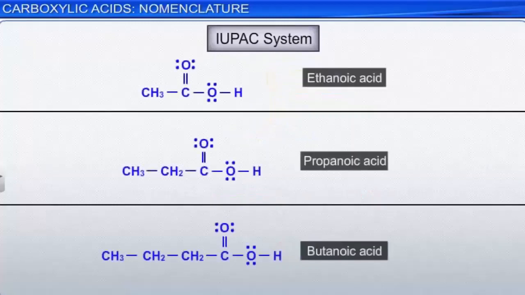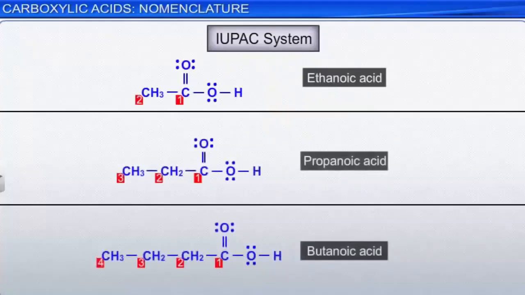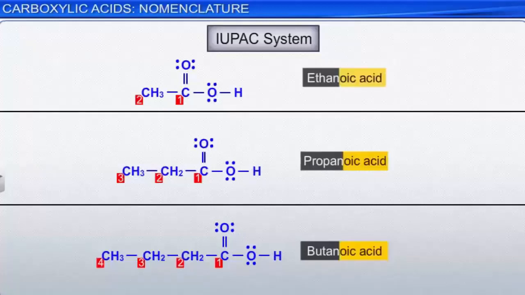Similarly, carboxylic acids containing 2, 3, and 4 carbon atoms are named ethanoic acid, propanoic acid, and butanoic acid respectively, by replacing the ending E of the alkanes concerned by OIC acid.